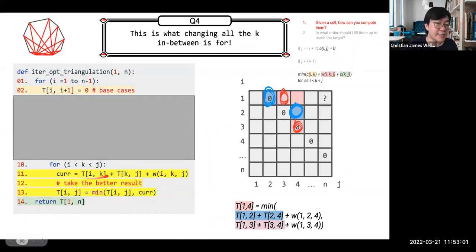This is why I have the changing K in between: it's about imagining how to compute a particular cell. So this inner loop is to compute the value for a particular cell, given a cell. I'm running out of time, but all right, this is what changing all the K in between is for.